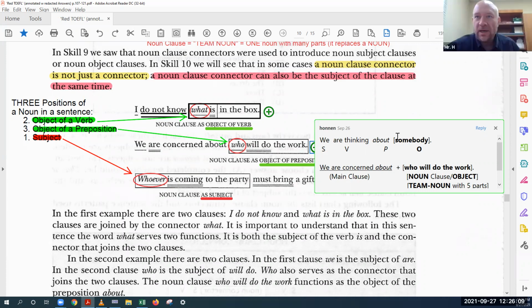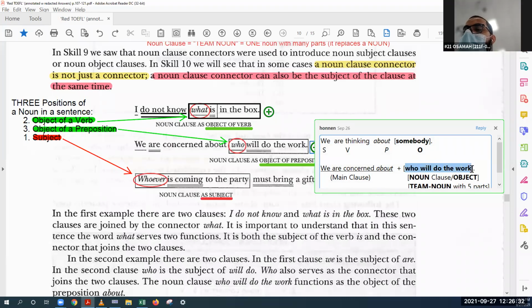Okay. And then this is a simple sentence, right? We are thinking about somebody: one subject, one verb, and then we have an object. Now read this one. We are concerned about who will do the work. What's the difference?